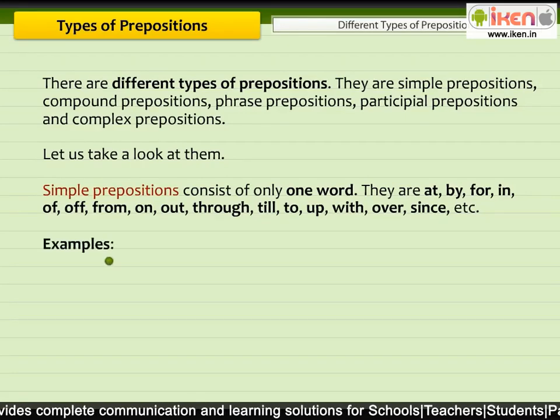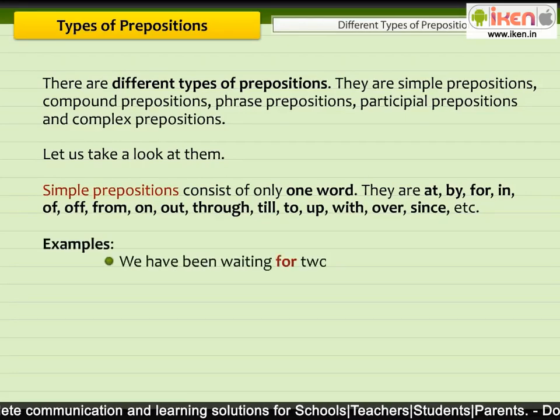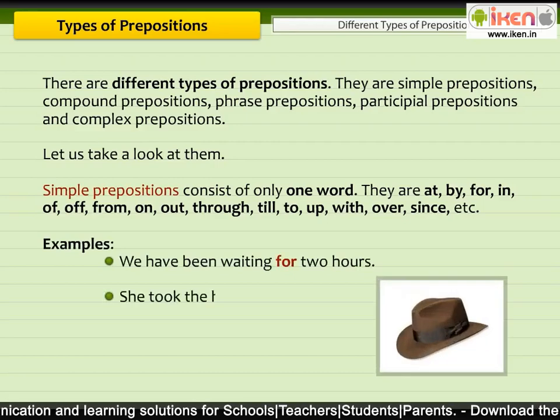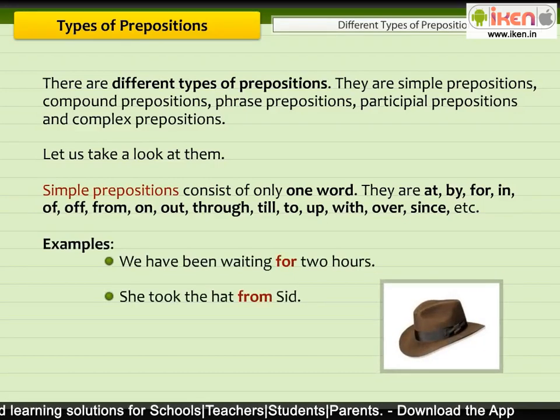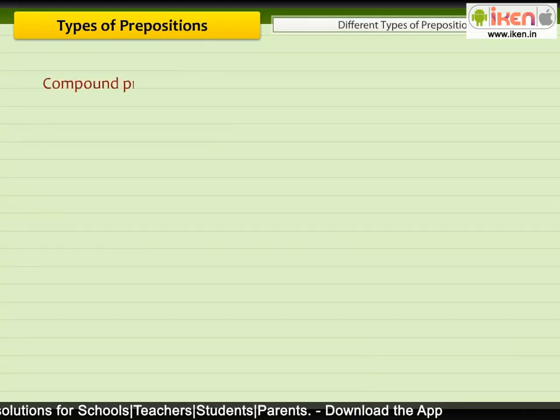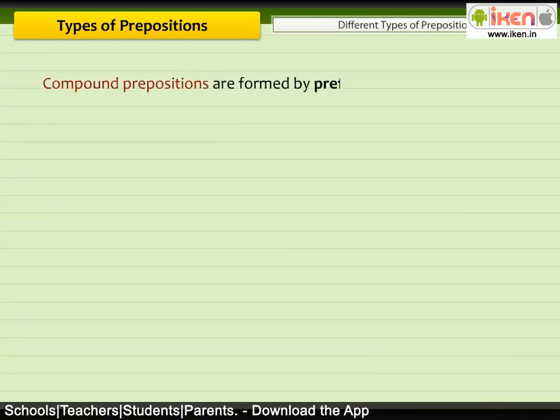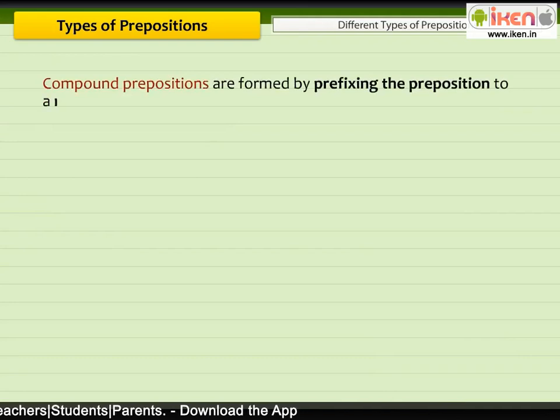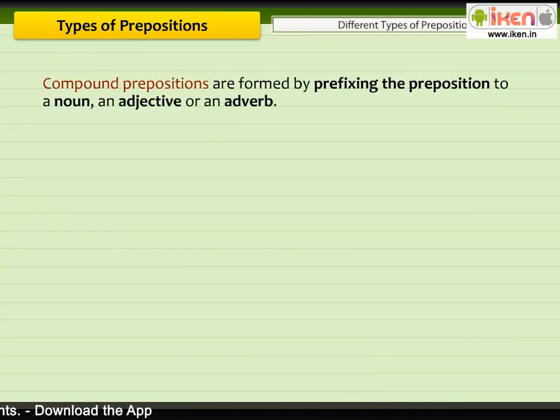For examples, we have been waiting for 2 hours. She took the hat from Sid. Compound prepositions are formed by prefixing the preposition to a noun, an adjective, or an adverb.